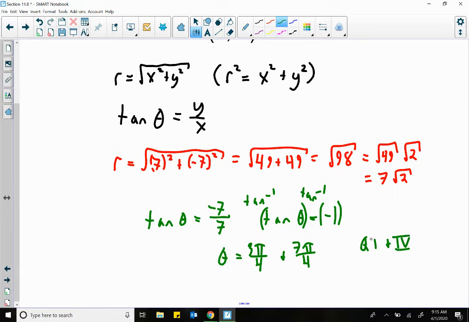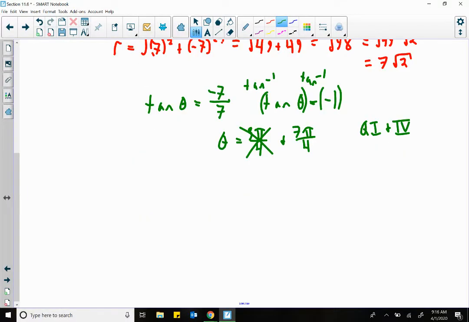So you do have to go back to this. When you run the inverse, you have to make sure that you look at the quadrants for tangent, and it will always be tangent that we run. So we're in quadrant 1 and quadrant 4. Well, 3 pi over 4 is not in quadrant 1 or 4, so this one gets thrown out. So in the end, we're only going to work with 7 pi over 4.